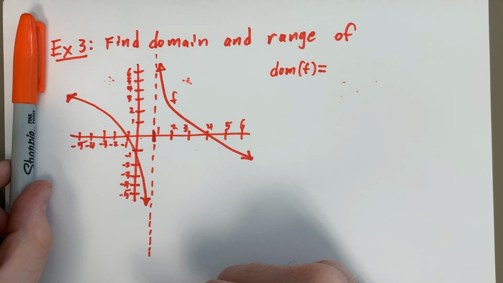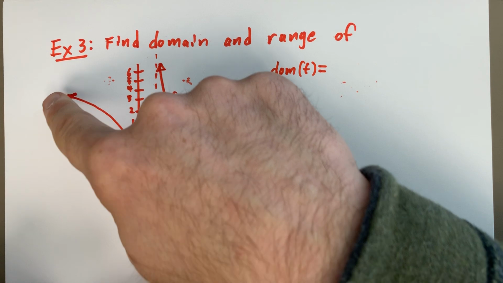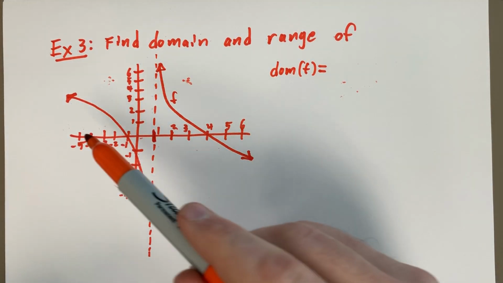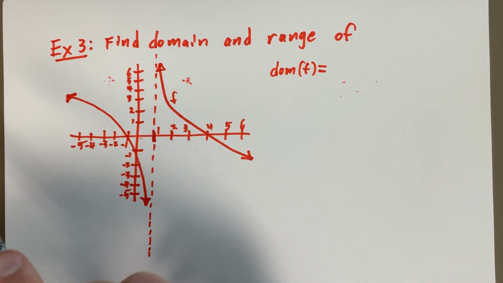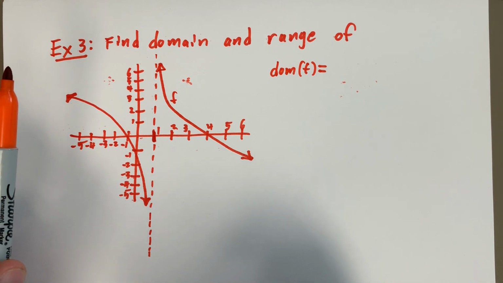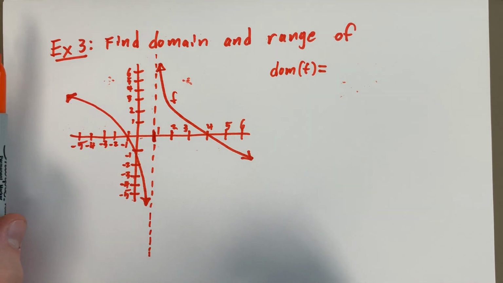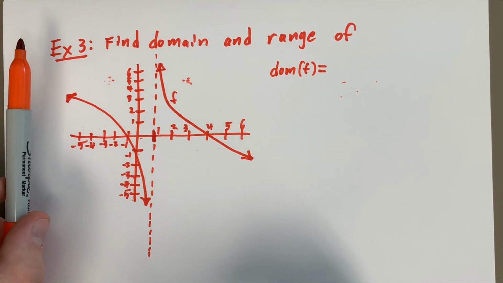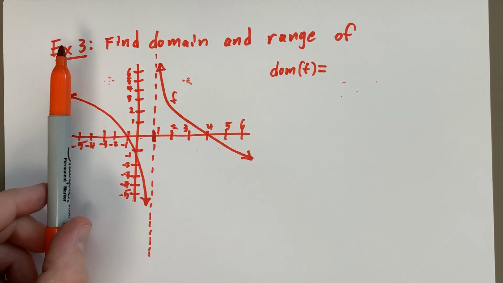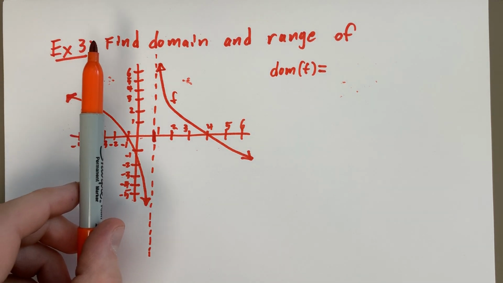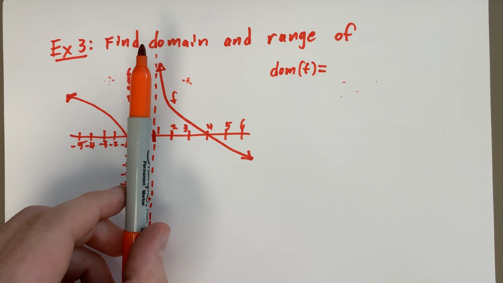Well, there's really no technical starting point, but we could quote unquote say infinity, because this arrow means it's going to keep going forever in this general direction. So it starts quote unquote at minus infinity. So I scan left to right, starting at minus infinity, continuing along. I'm still touching the graph, still touching the graph, still touching the graph. Where do I stop touching the graph?